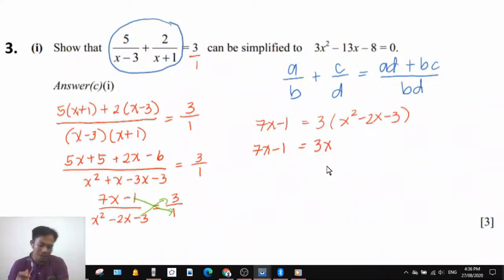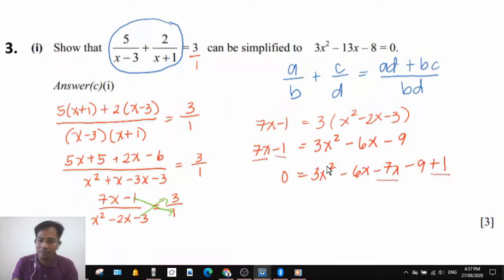Okay? And then it will become 0 equals 3x squared minus 6x minus 7x minus 9 then plus 1. So you notice that 7x, when I move to the right side, will become negative 7x. And the negative 1 becomes positive 1. Be careful of your symbols or your signs.